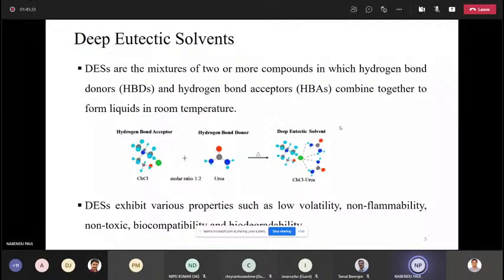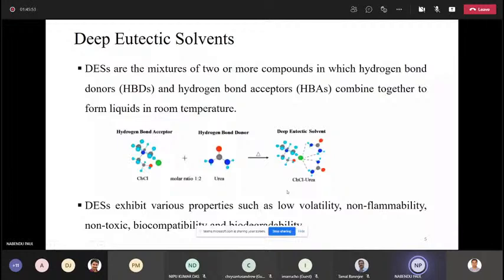Here is an example of a eutectic solvent which was prepared very early, around the year 2004, by Abbott. Here choline chloride and urea are used as the hydrogen bond acceptor and hydrogen bond donor in the molar ratio of 1:2, and the choline chloride urea eutectic solvent has been formed.